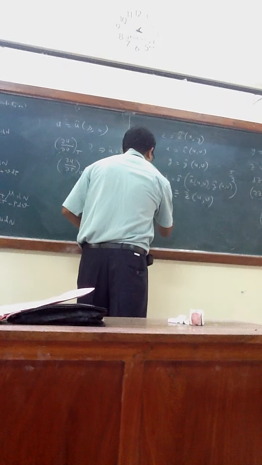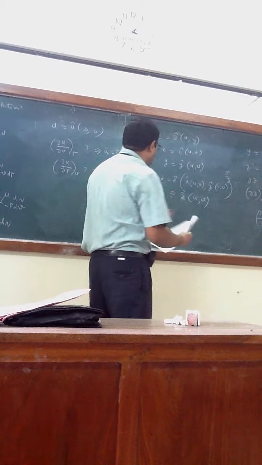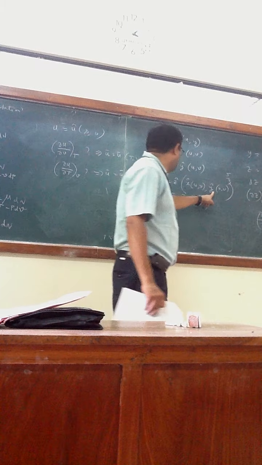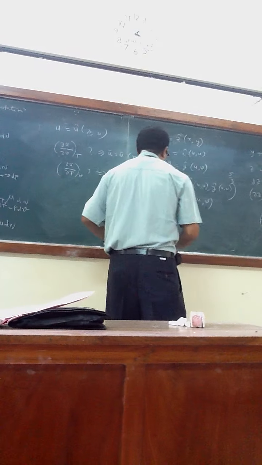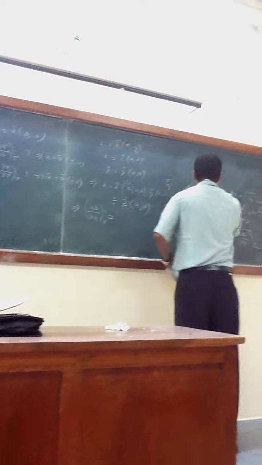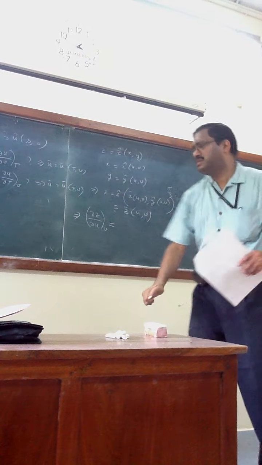If I want to find ∂z/∂u at fixed v, of course we have to write it starting from here, like earlier. What should I write from here? Let me start from here.